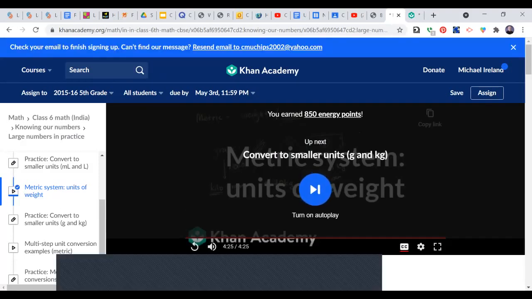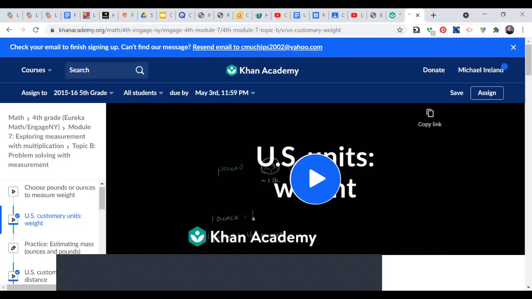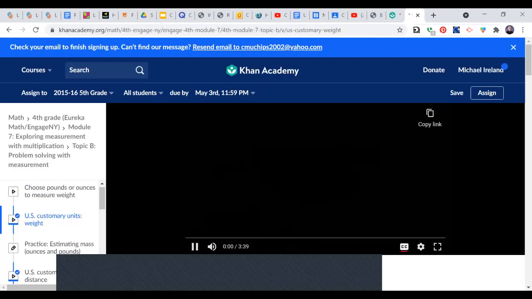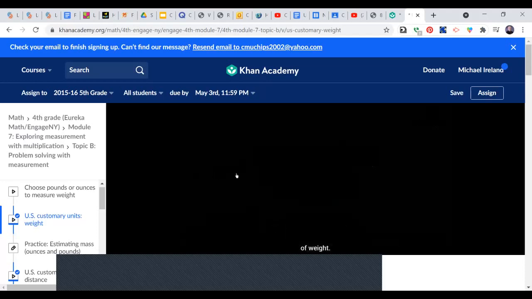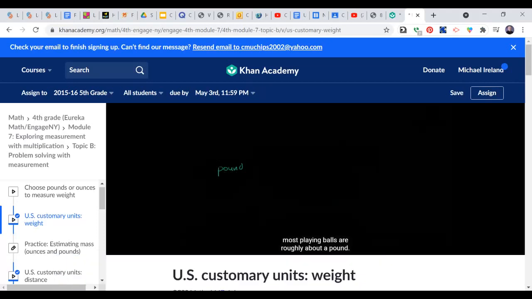All right, so we have now the metric, and now let's look at our US units, the imperial. Let's talk a little bit about the U.S. customary units of weight. So the one that's most typically used is the pound, especially for things at kind of a human scale. And to understand what a pound is, most playing balls are roughly about a pound. So for example, a soccer ball, my best attempt to draw a soccer ball.